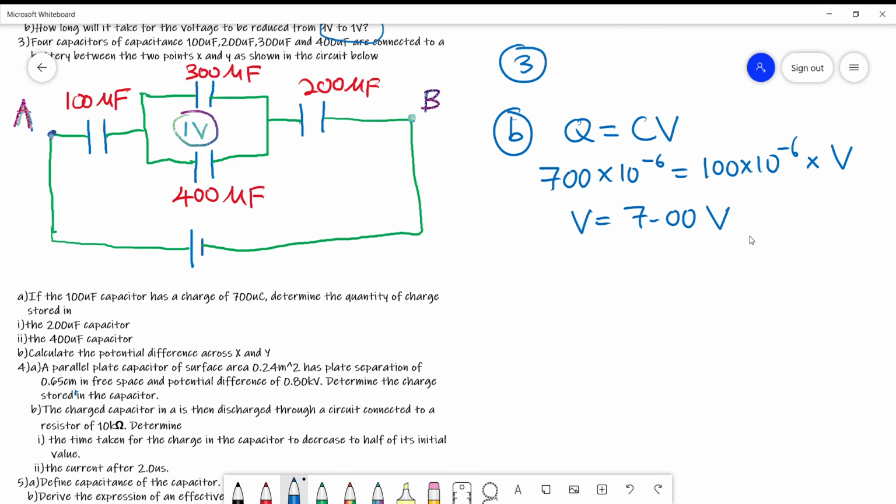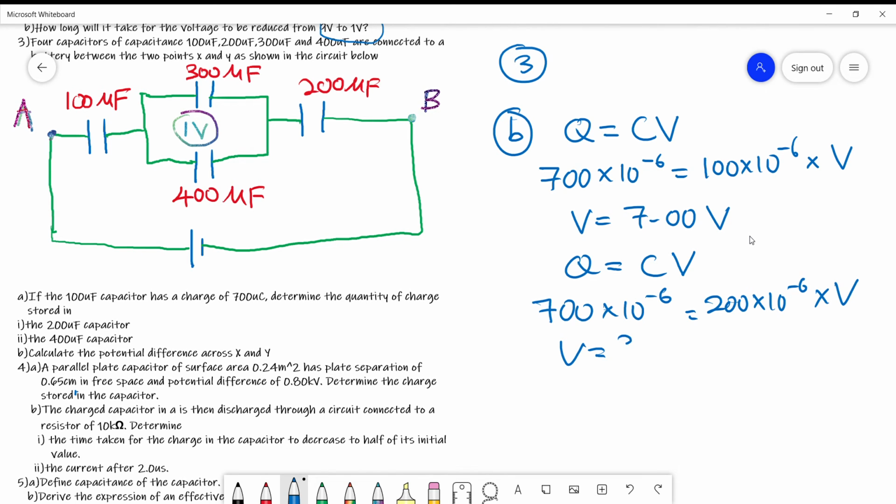As for the 200 microfarad capacitor, this is 700 as well. So the capacitance is 200 microfarad times V. So cancel, what I get finally is 3.50 volts.